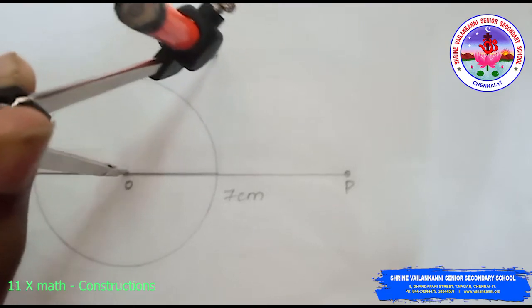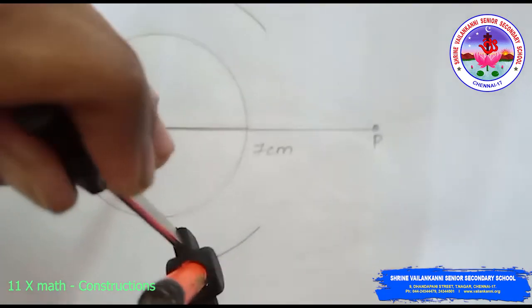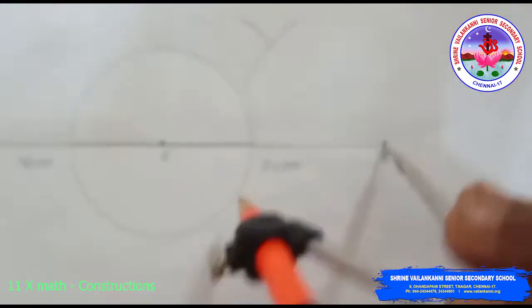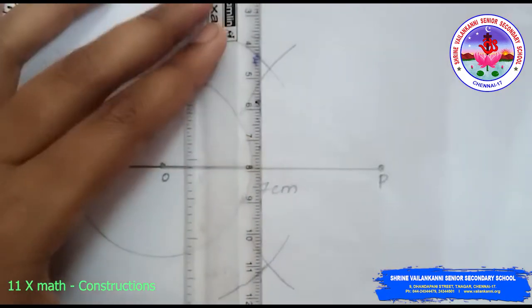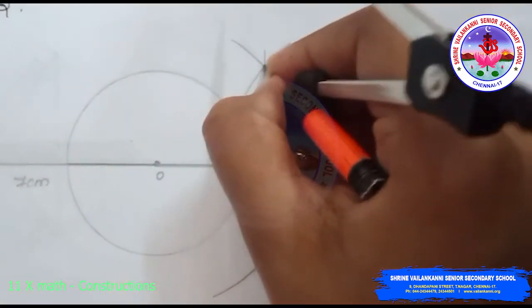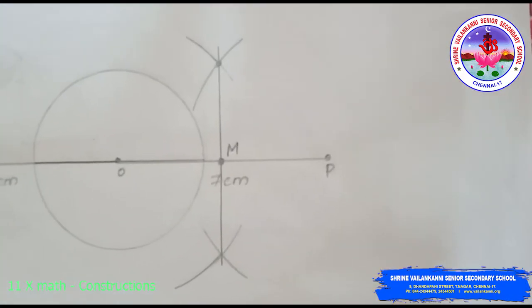Keeping my compass needle at O, I am going to give an arc on both sides of the line segment. Keeping the compass needle at P, cut the previous arc on both sides to join the arcs. Naming that point which touches the OP line as M. Take OM measurement.